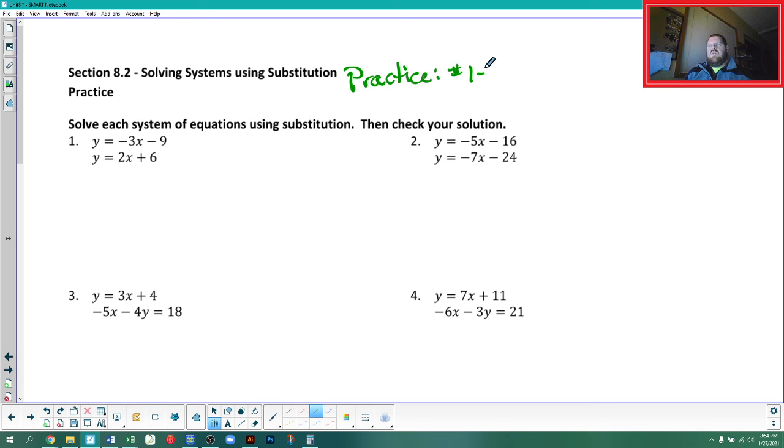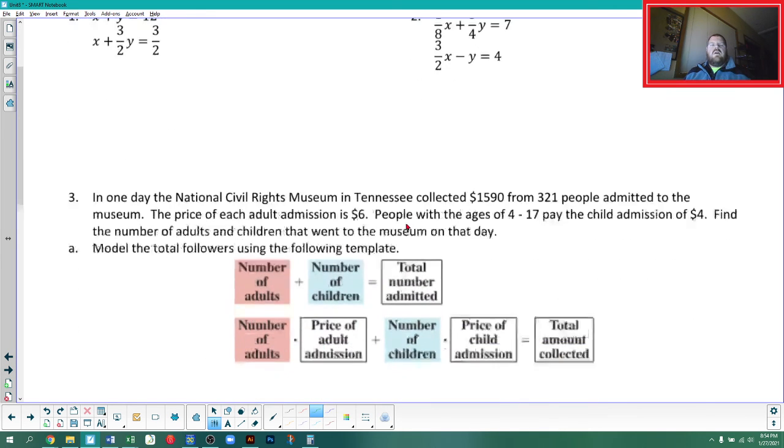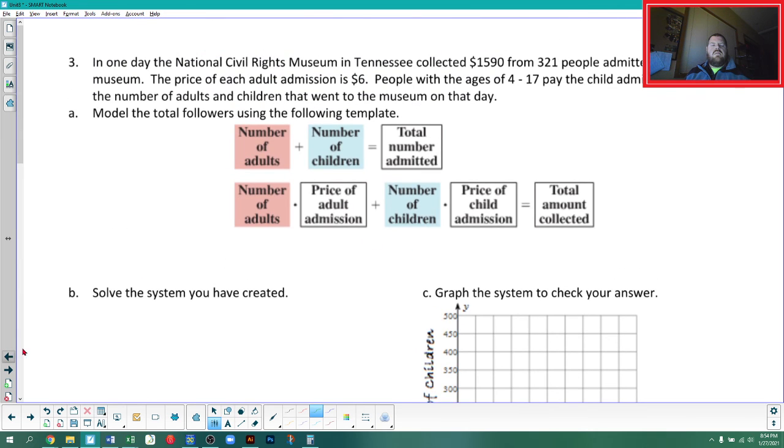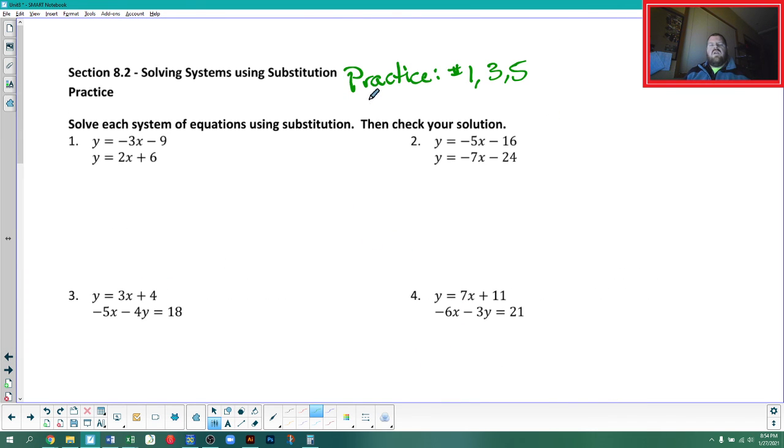I'm going to say numbers 1, 3, and 5. And then application-wise, I'm just going to say number 3. It is the longer of the problems there, but the other ones are just kind of ugly. And number 3 is a great step-by-step of how to do a true problem-solving type of problem.